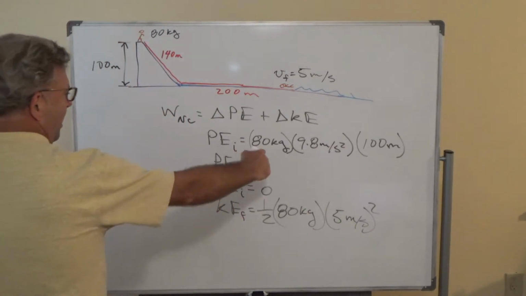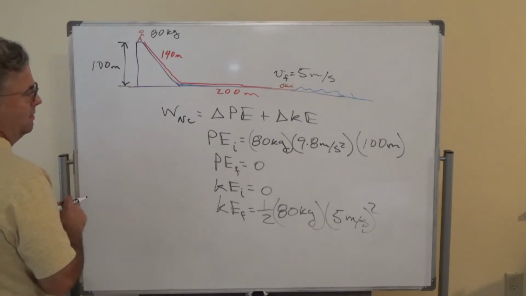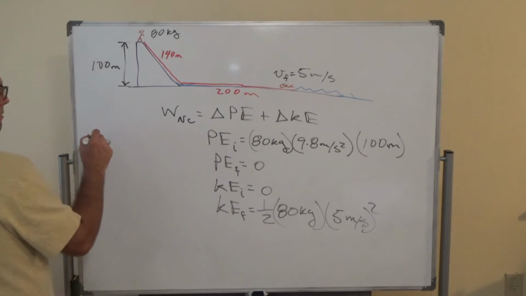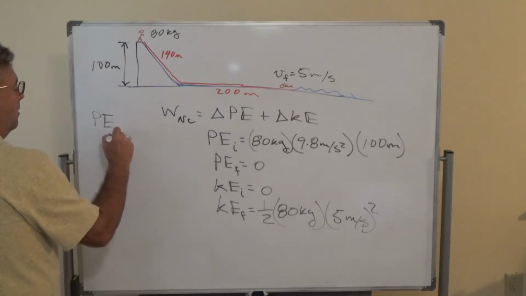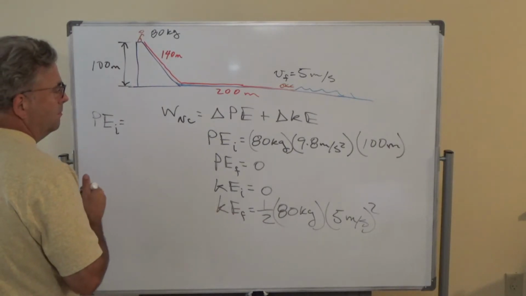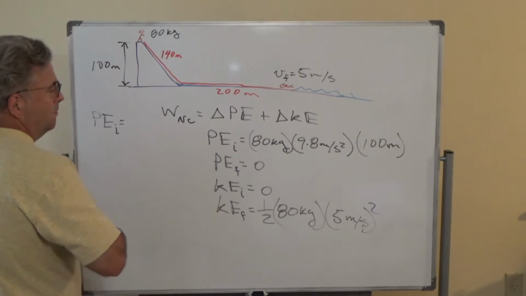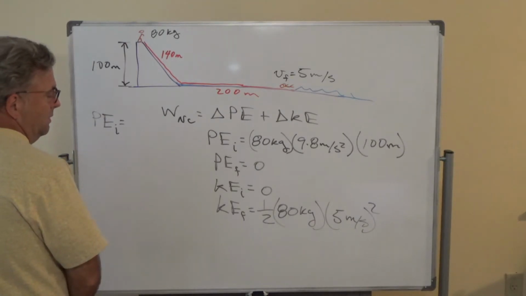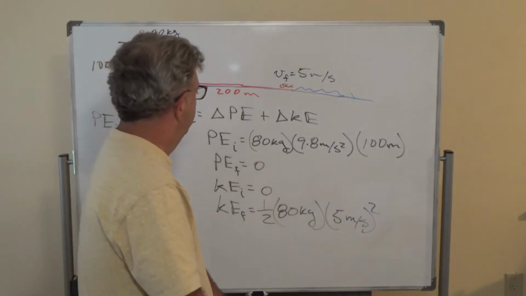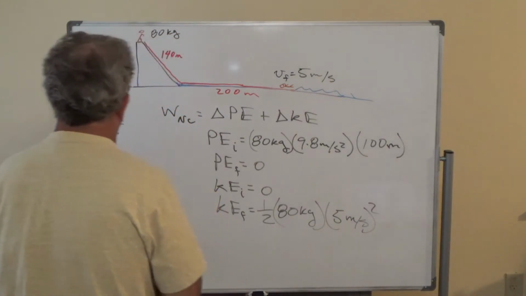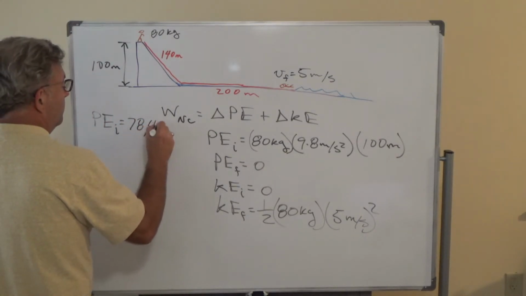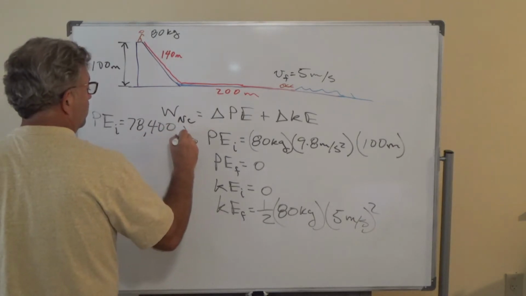Okay, so we get 80 times 9.8 times 100. What does this work out to be? PE initial is equal to what? Somebody calculate PE initial? 78,400. 78,400 joules.